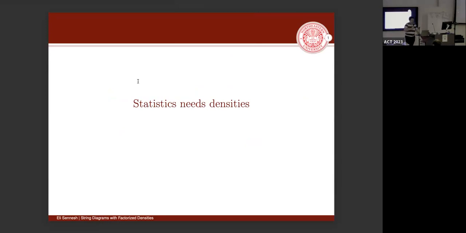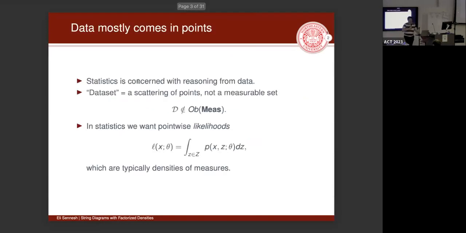And in statistics, this being a very applied area, we need probability densities for things. Why? Because when they give you a data set, it's a big scattering of points in space. It doesn't usually form a measurable set under a sigma algebra if you're not working in a countable sample space.